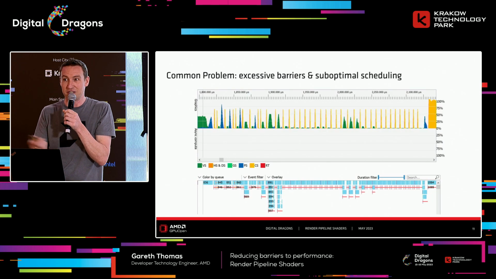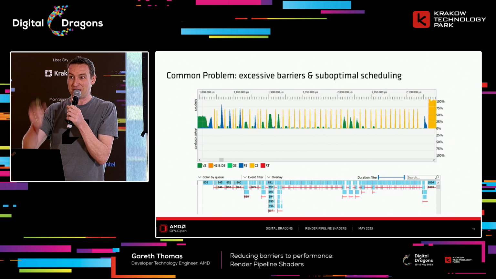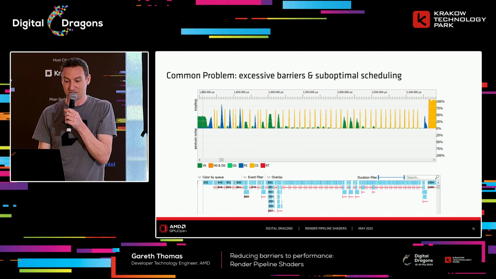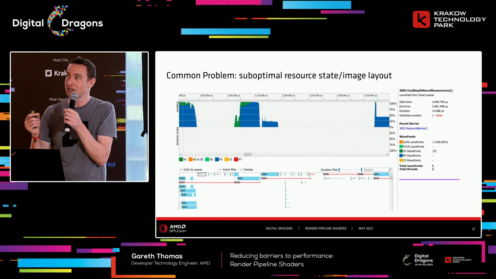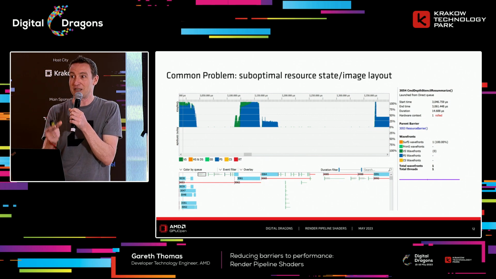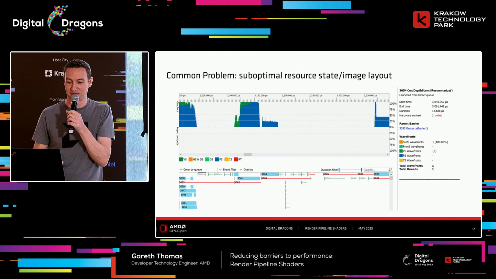And this is the kind of thing you see when you've got too many barriers. We're not making great use of filling the GPU. And some of those barriers can be expensive and unnecessary. So you get scenarios like this where you're not getting much useful work done on the machine.